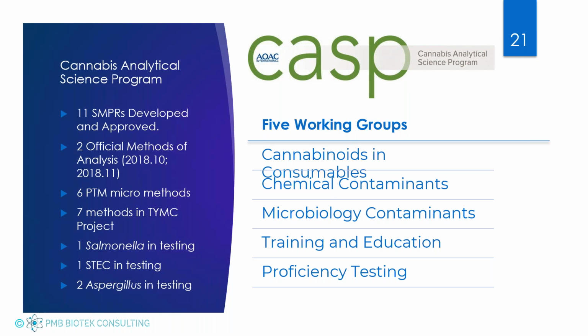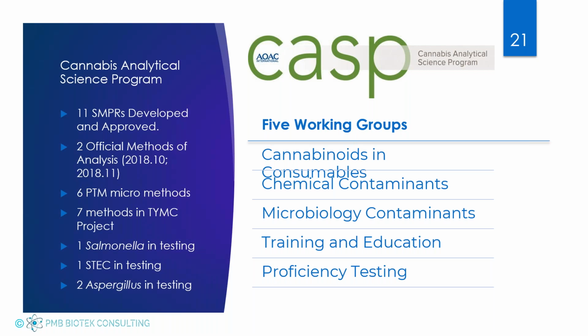I'll also say that our working groups have evolved over time. So the cannabinoids and consumables group first developed some SMPRs for potency, then moved to moisture content, and now they're looking specifically at commodities. So they're looking at, okay, beverages, and how do we evaluate beverages properly?